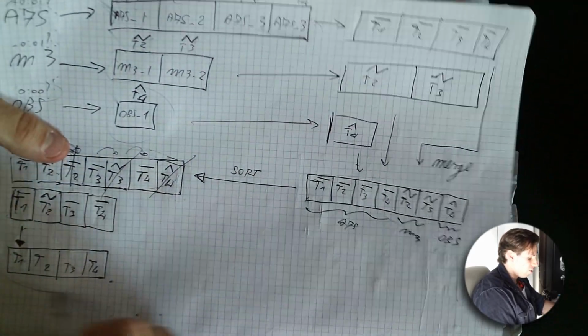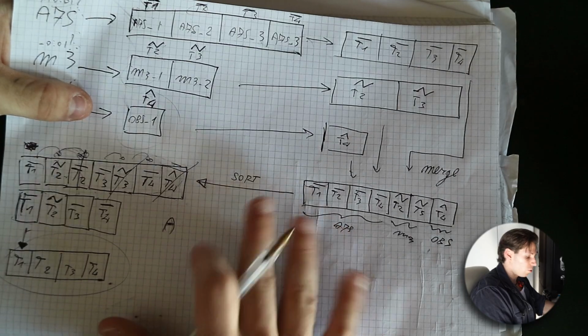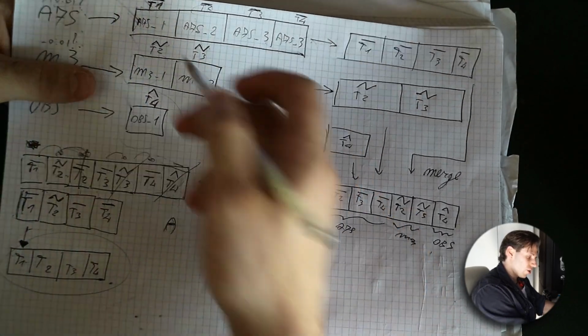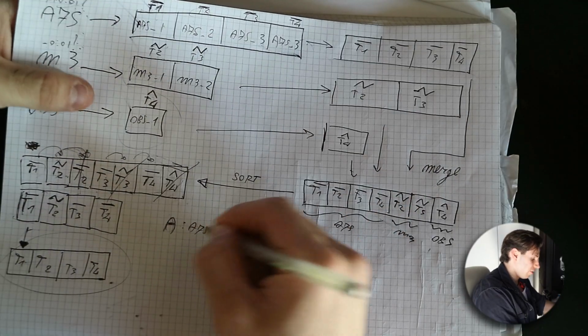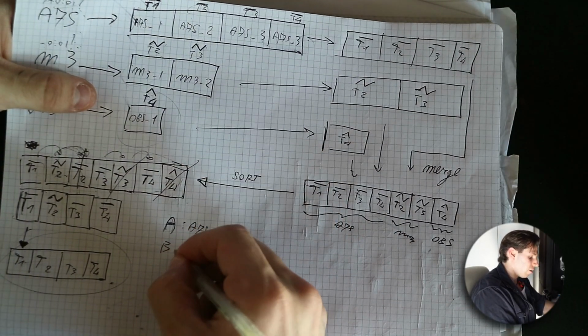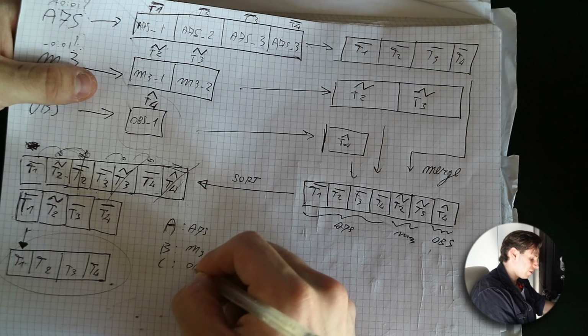So in this case, I know that there are 4 different timestamps. Right now, I want to decode each A7S video as A. So A means A7S, B means M3, and C means OBS.